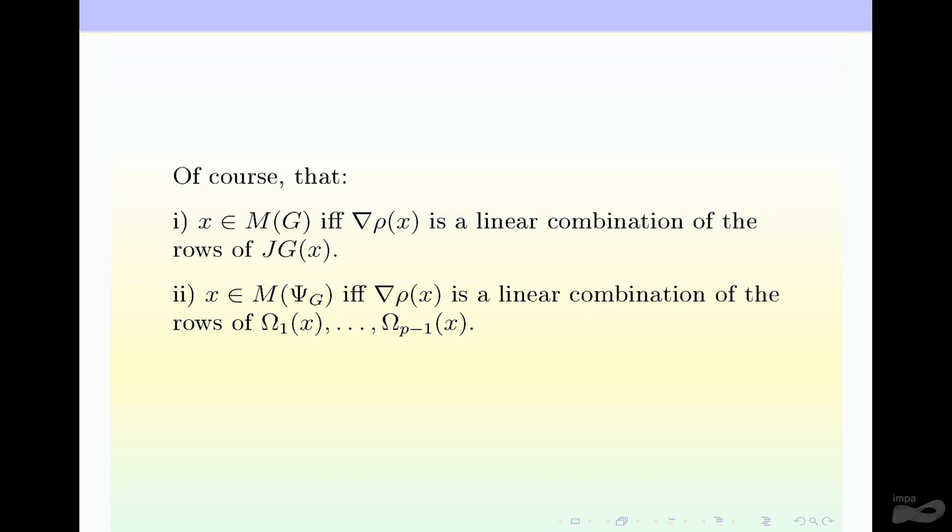It's very easy, of course, because this is the double of x. And x is in the polar variety of psi G if and only if this is a linear combination of this. The same statement, just change the appropriate function.